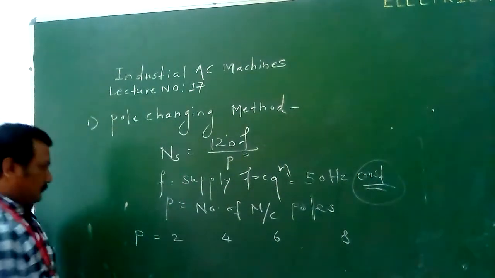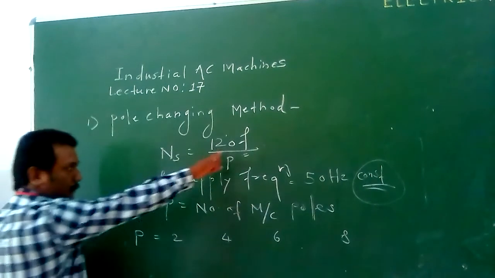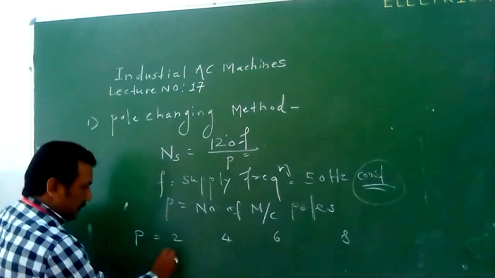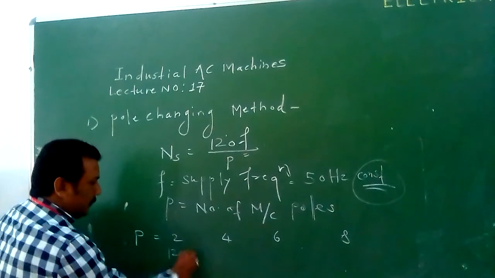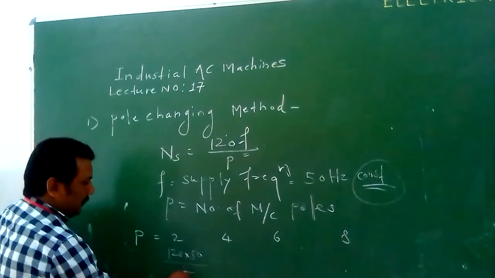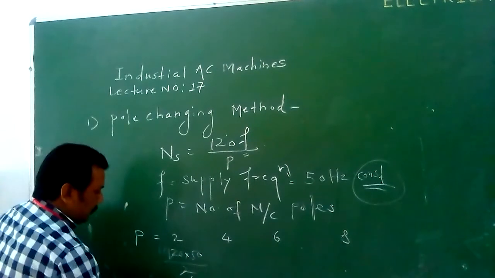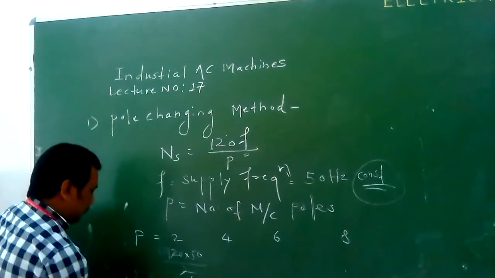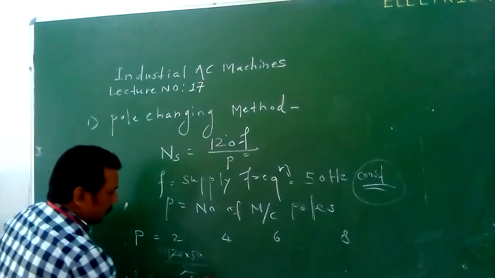Then the calculation of 120 F upon P means 120 into 50 divided by P. For a two pole machine with constant frequency, the synchronous speed Ns is 3000 rpm.